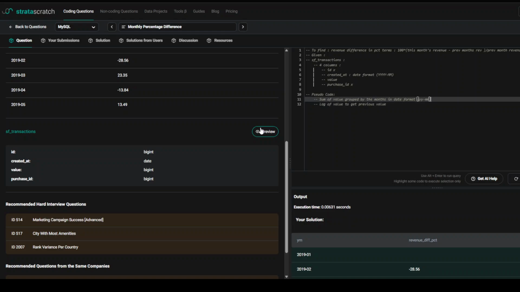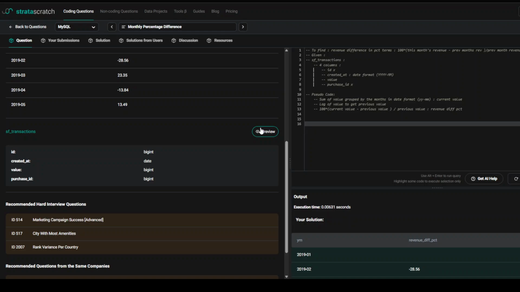This will be the current value. This will be the previous value. Current value minus previous value, the whole thing divided by previous value, multiplied by 100 should give us the revenue diff percent.